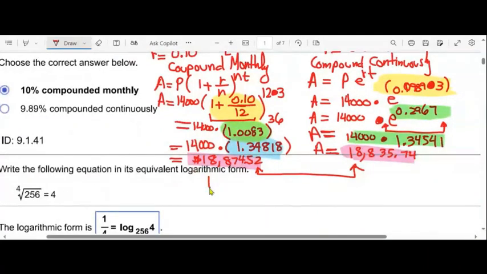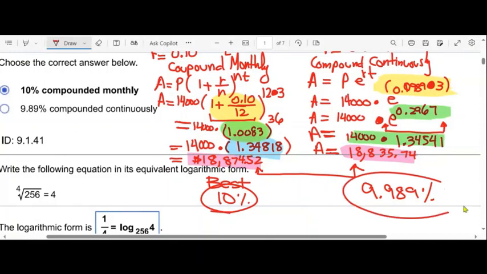On the left, 18,874, so this is bigger. That's the best investment, right? How much is the best investment here? 10%. This is better than the 9.89% investment. Okay, is this clear? Yes, clear.